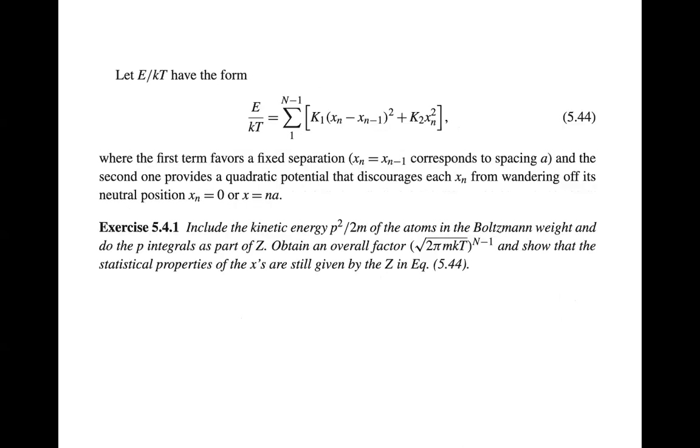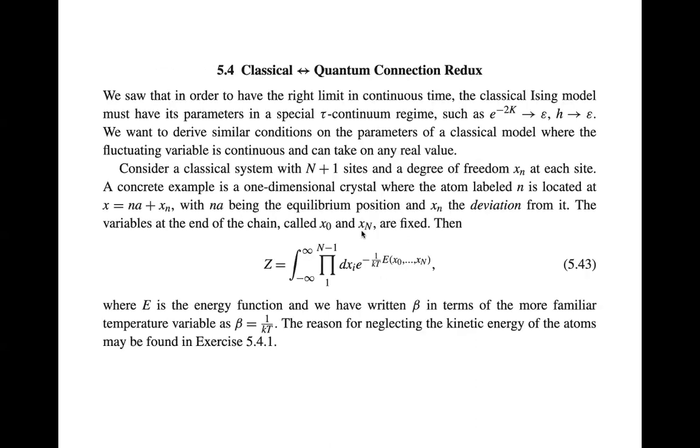So the energy divided by kT has this part, which is the separation between these and the deviation of that. One can ask if we include this p squared over 2m into the Boltzmann weight, and this is called the Boltzmann weight.